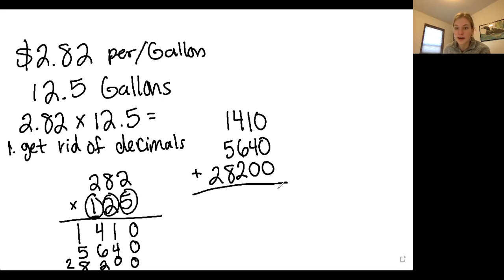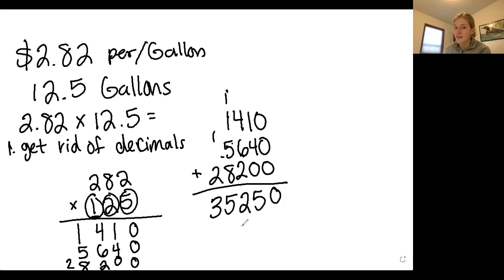So let's just go ahead and add these up. 4 plus 6 is 10, plus 2 more is 12. 8, 9, 10, 11, 12, 13, 14, 15, and then 1 left over. Bring that down, add it to your 2, which makes it 3.